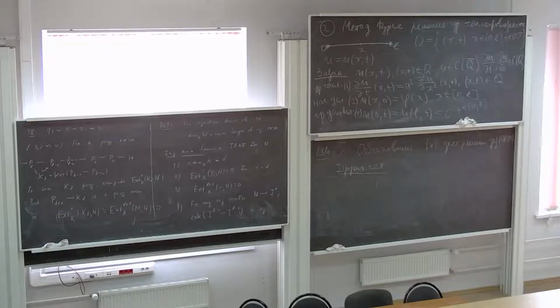However, if we go over all modules at once, we get something more general. We get a relation between them. So this is called the global dimension theorem or homological dimension theorem.